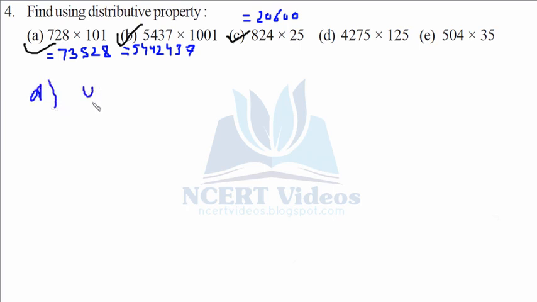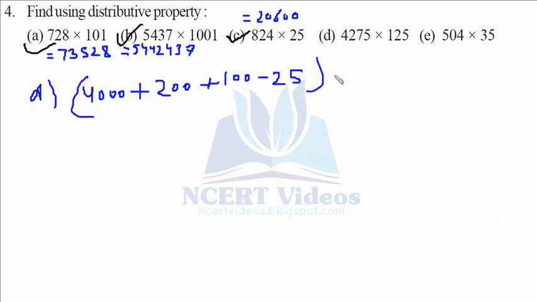D part. 4000 plus 200 plus 100 minus 25. This will come to you by practice, into 125. We just split 4275 in this long way, using now the distributive property.